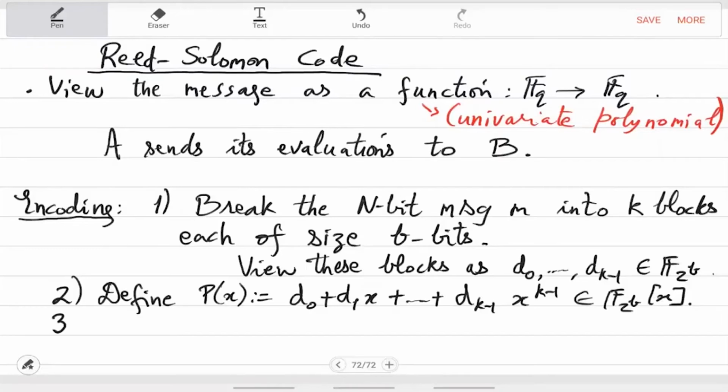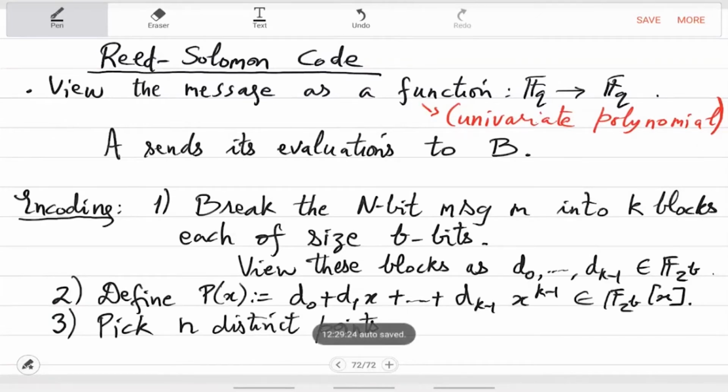And then you want to evaluate it. So you pick, let's say, small n many points E0 dot dot En minus 1 in the finite field.